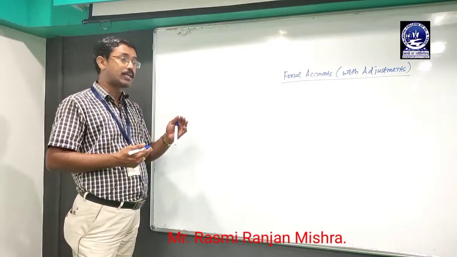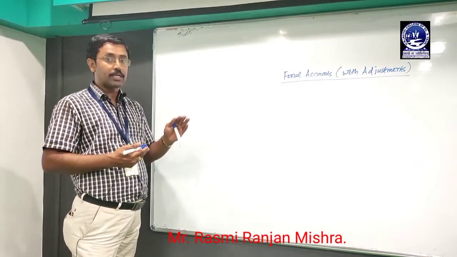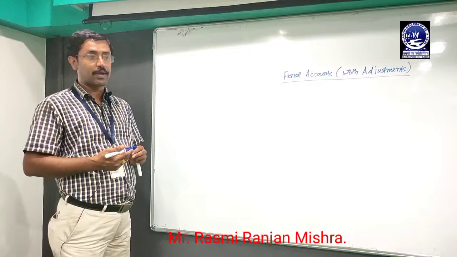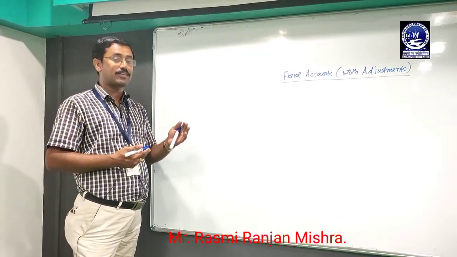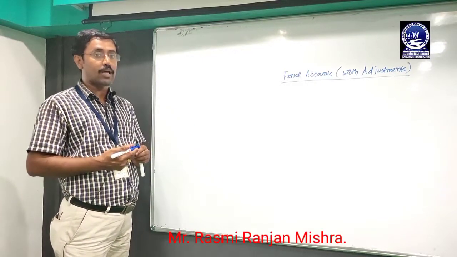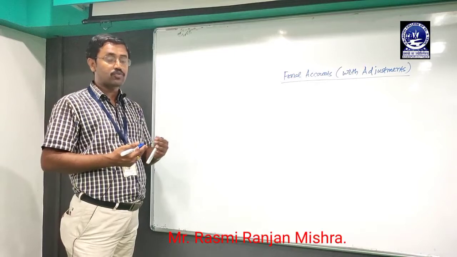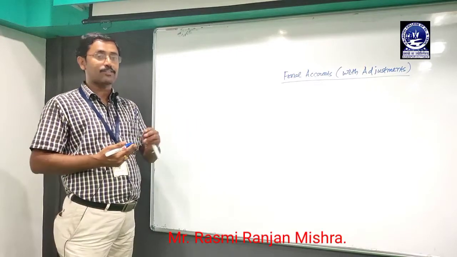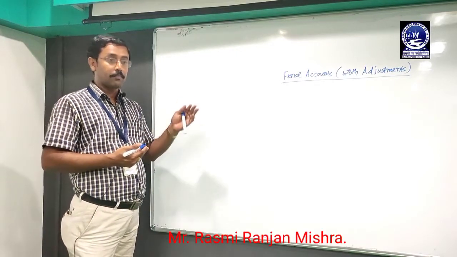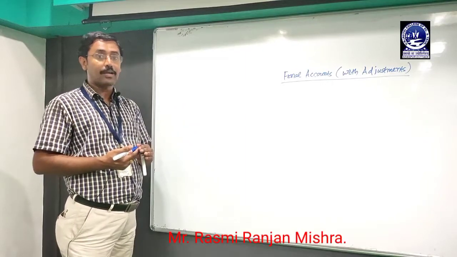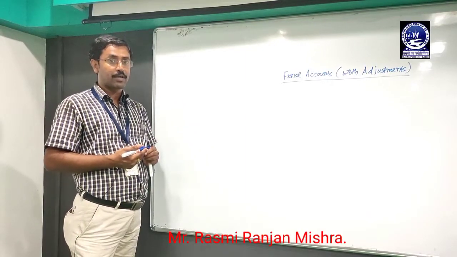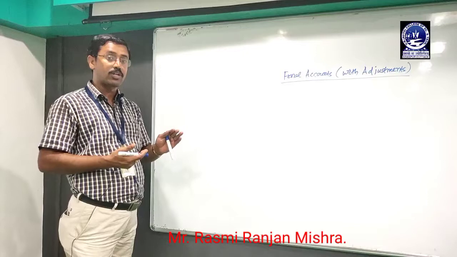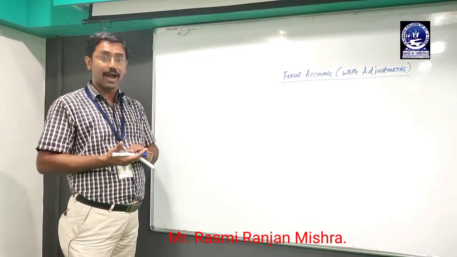Generally, when the trial balance is completed, the final account is prepared from it, and the trial balance is a statement of balances of all the accounts. That means when the several accounts are balanced, they are transferred to the trial balance, and by considering that trial balance the final account is prepared. The items mentioned in the trial balance are already adjusted.